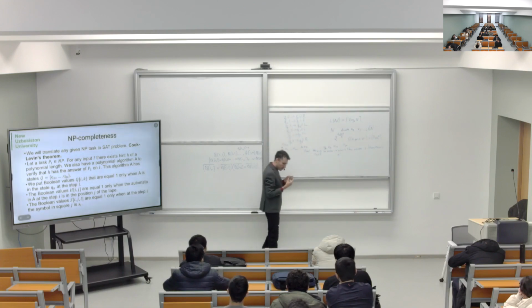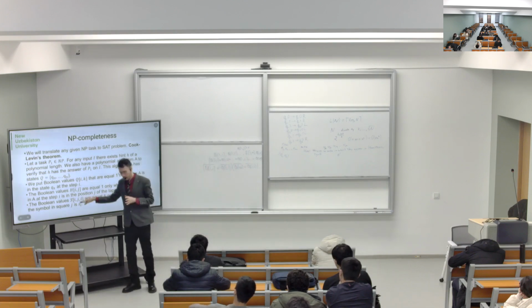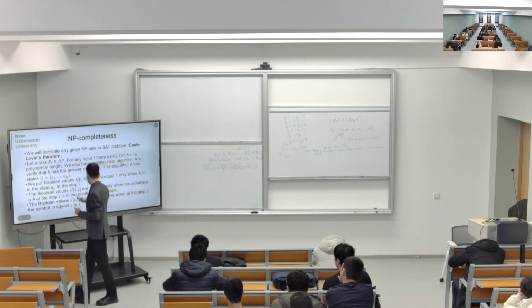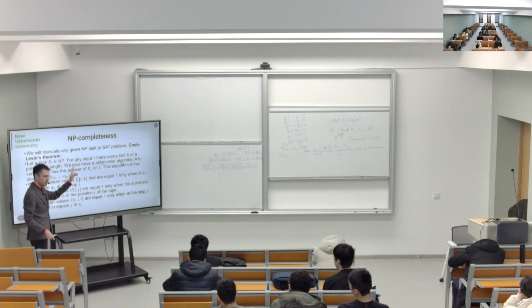So at each cell there should be only one symbol, not two at the same time, only one symbol. So the same thing, we need to make sure that those have only one, and the others are zeros. So if I fixate i and j, among all s_l, only one should be equal to 1, others should be equal to 0.